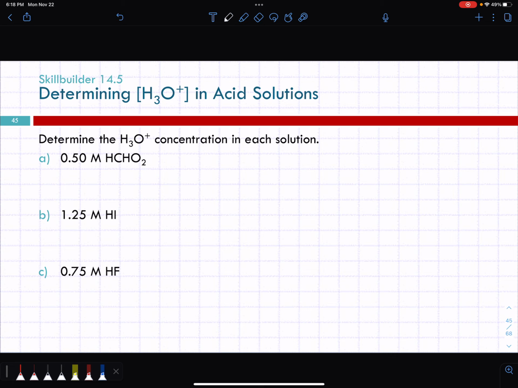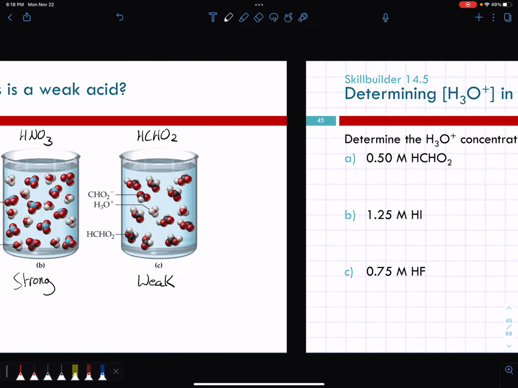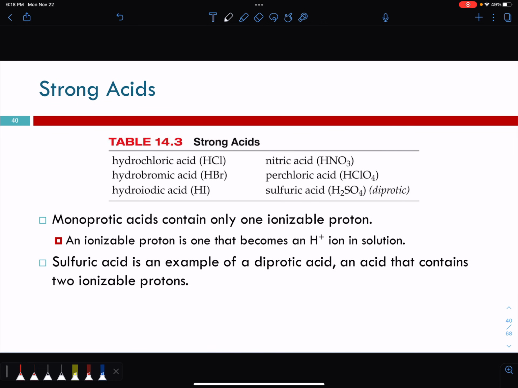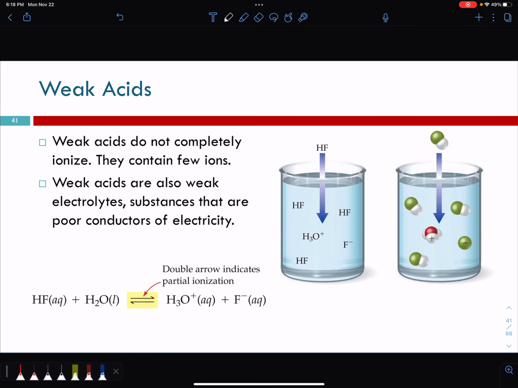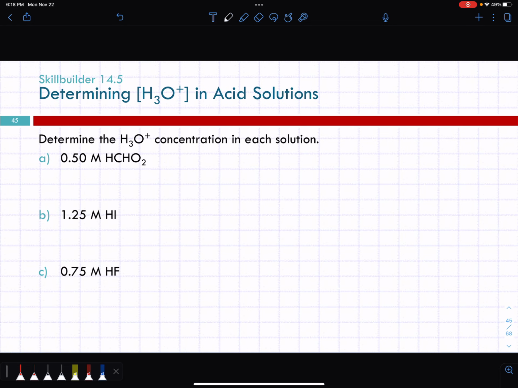Okay, so for these ones, we're not going to do the exact concentration in each because we haven't covered equilibrium. We don't know yet how to calculate the exact concentration of a weak acid. So first you need to determine which of these is a weak or strong acid.